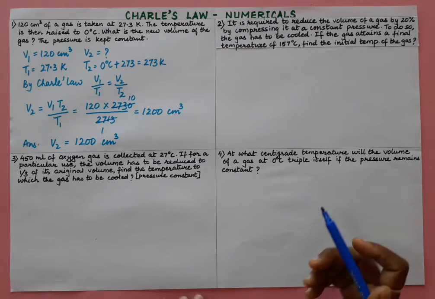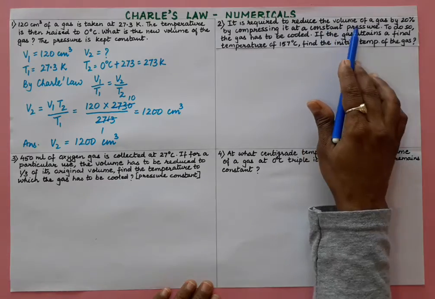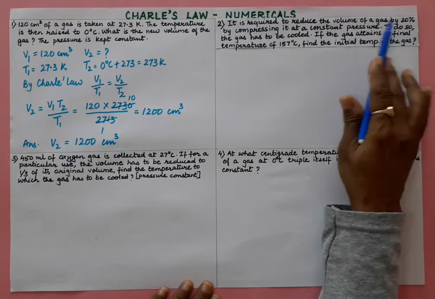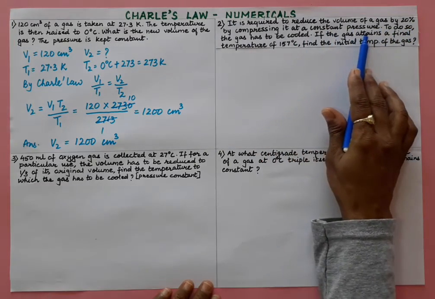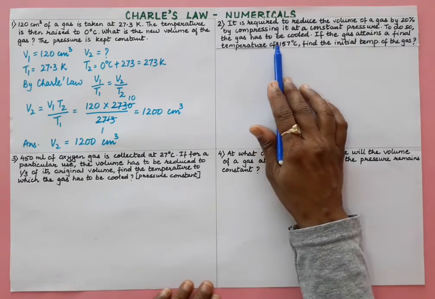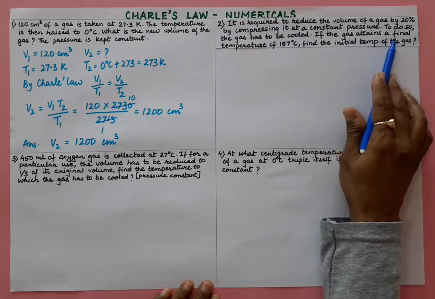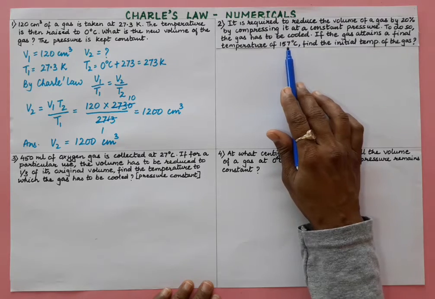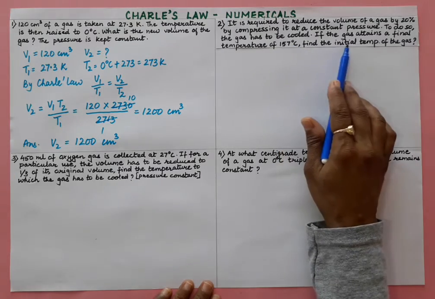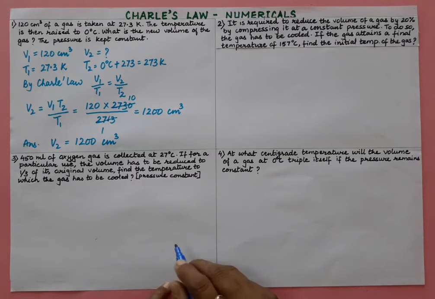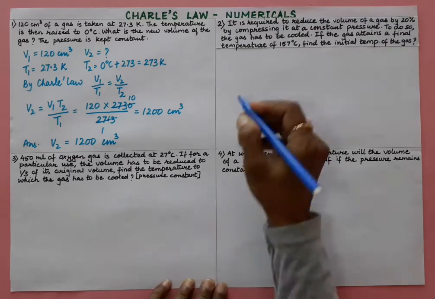Now the second numerical: it is required to reduce the volume of a gas by 20% by compressing it at a constant pressure. To do so, the gas has to be cooled. If the gas attains a final temperature of 157 degrees Celsius, find the initial temperature. Initial temperature means you have to find T1.